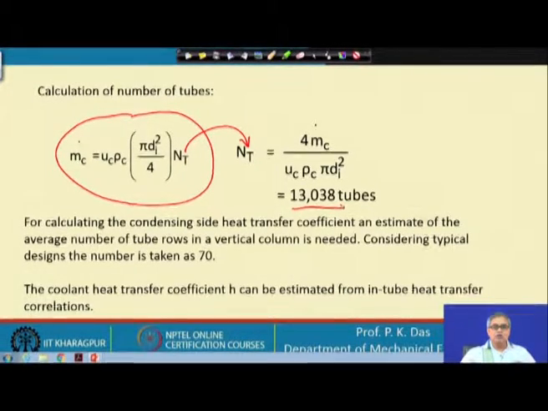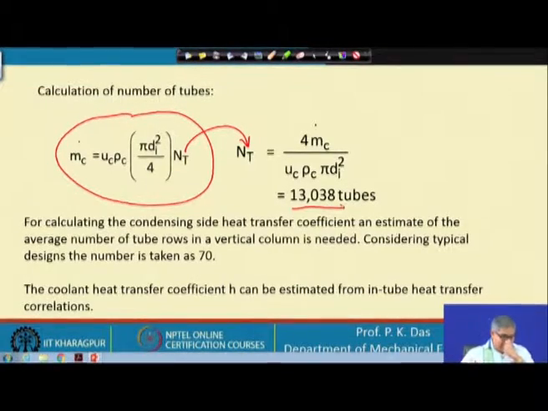Now, how will the tubes be arranged? There will be rows of tubes, there will be columns of tubes. In a column, how many tubes there will be is very important, because the heat transfer coefficient due to inundation of condensate depends on how many tubes are there in a column.